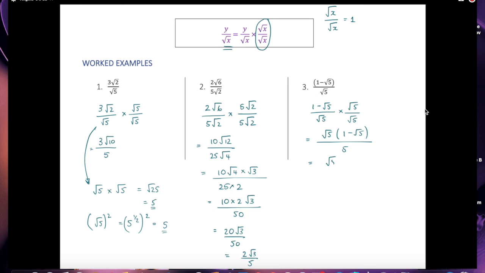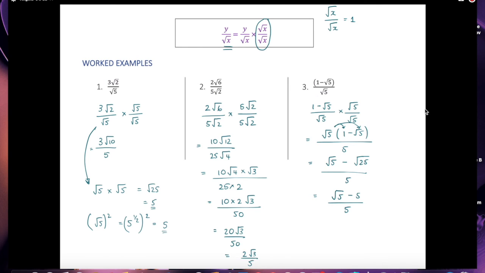Then I'm going to have root 5 minus square root of 25, because essentially what I'm doing is expanding the bracket. I'm multiplying all the terms in the bracket by the root 5, and then dividing that by 5. So I'm left with root 5 minus 5 divided by 5.